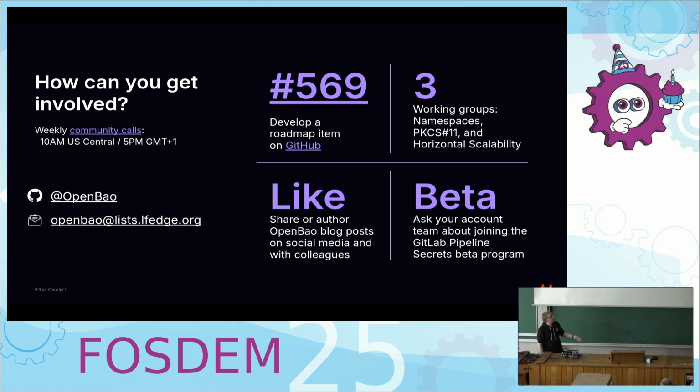We have various working groups working on adding support for things like namespaces, PKCS 11 HSM modules, and horizontal scalability. If you like anything OpenBao related, please also share it on social media or with colleagues, because it's great to build the community. And if you're a customer of GitLab and you're interested in what we're doing, ask your account team about joining the beta program for our Secrets Manager.